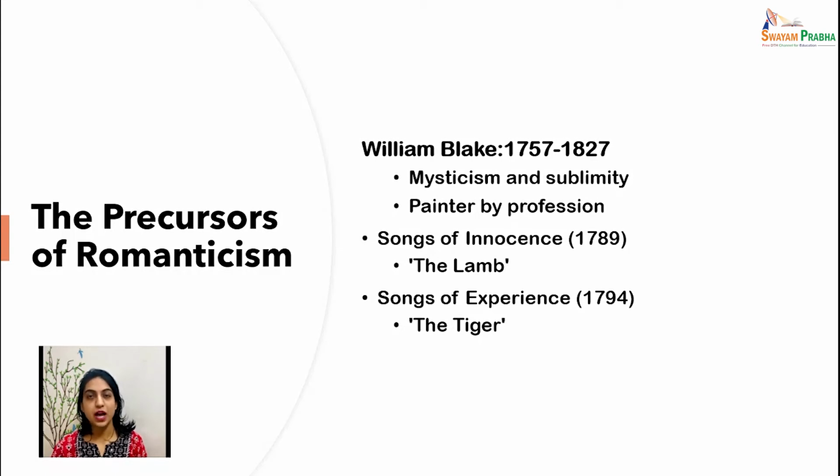The poems are basically parts of Songs of Innocence that came out in 1789, and another volume, Songs of Experience, that came out in 1794, which are his most remarkable works as well. Painter by profession, Blake's artistic expression in poetry greatly challenged the existing traditional rules of the time.